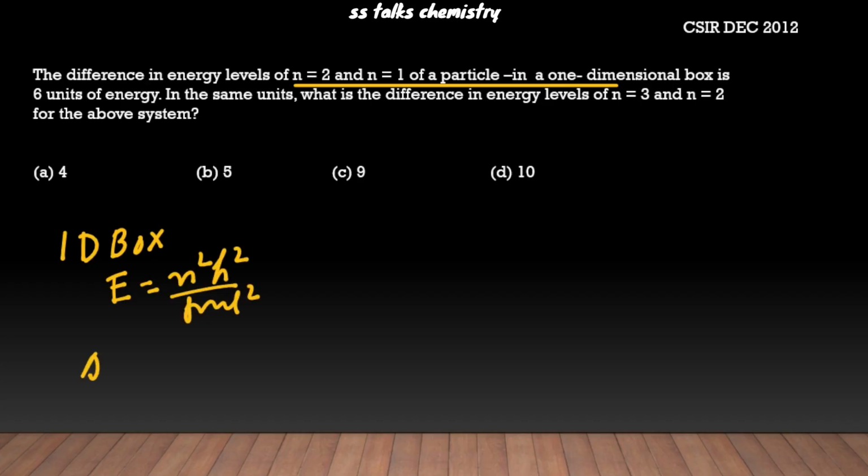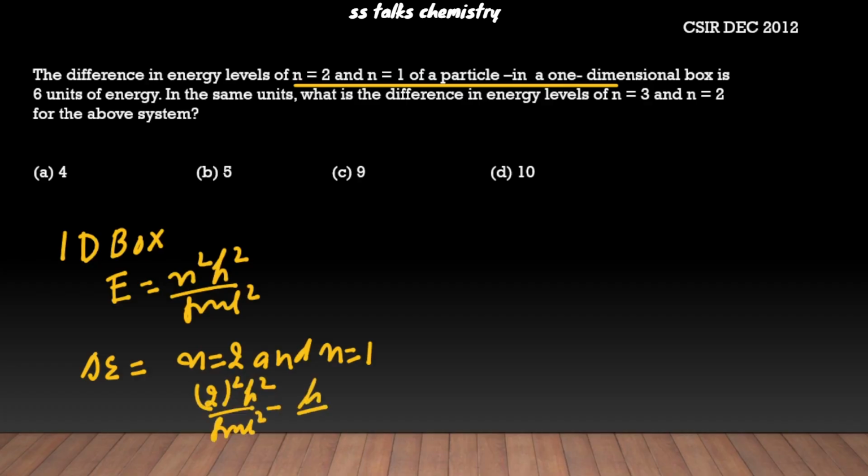Now the difference between n equal to 2 and n equal to 1. So the energy difference will become 2 square h square upon 8 m l square minus h square upon 8 m l square. So this becomes 3h square upon 8 m l square.